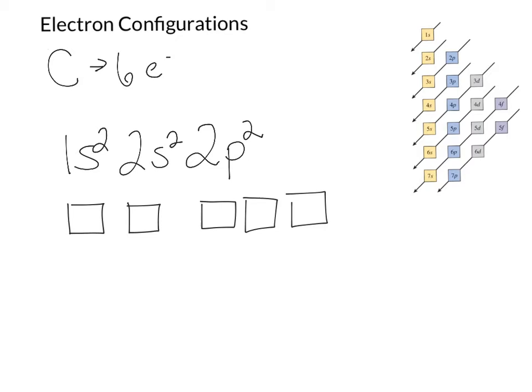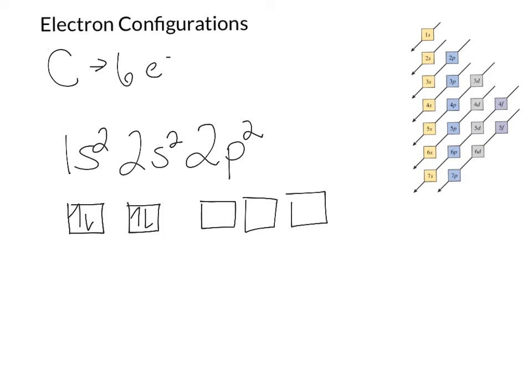So you place 2 electrons in the 1s orbital first, then you move up in energy to the 2s orbital. And once you're done with 2s, you come up to 2p. So then we start to fill in our 2p orbitals here.